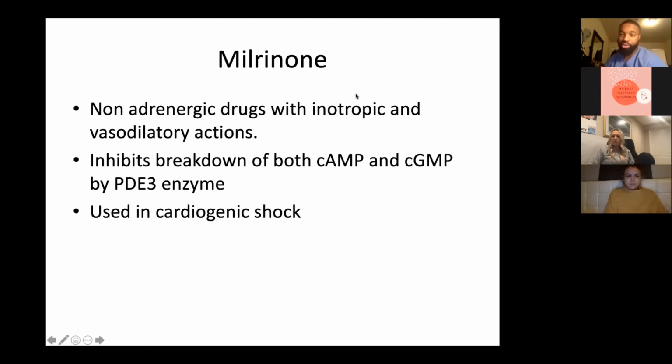Someone said dobutamine. Yeah, dobutamine and milrinone. When patients are in cardiogenic shock, these two medications are very, very good.